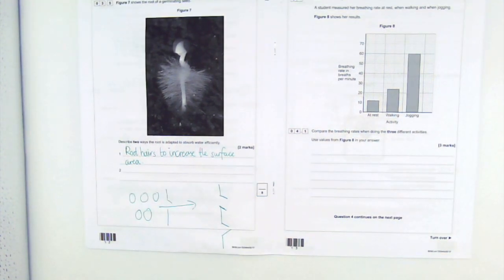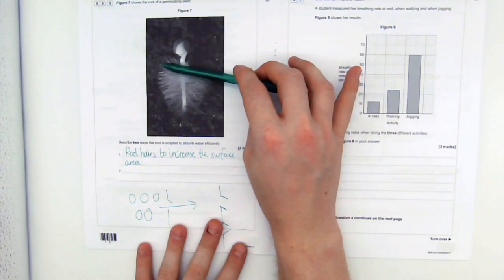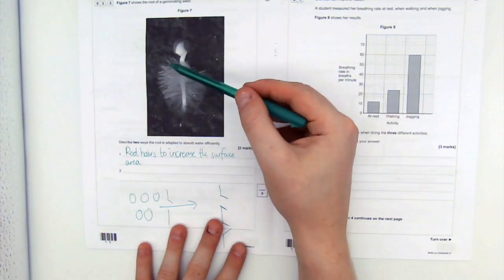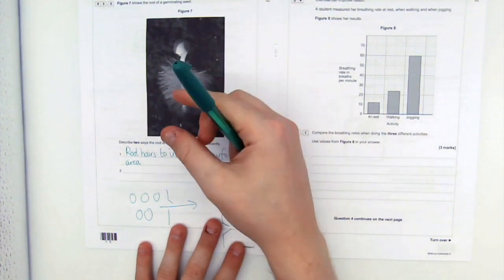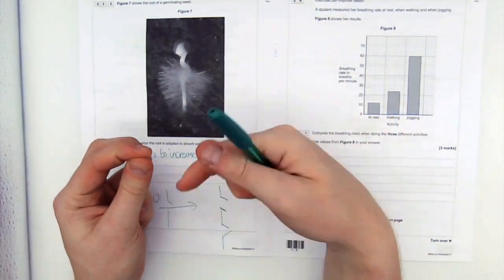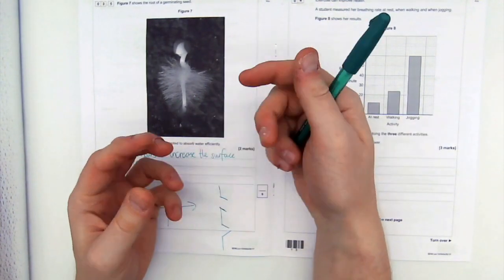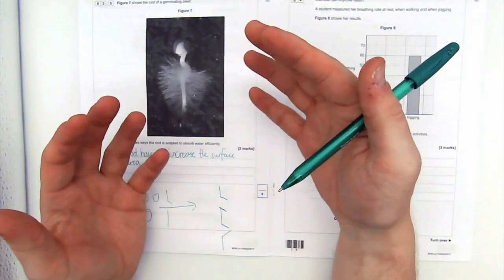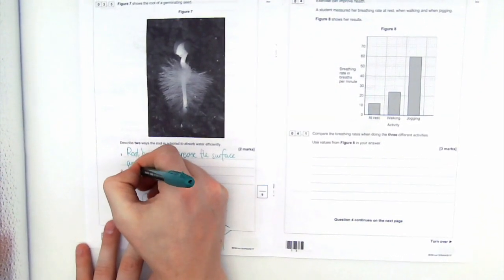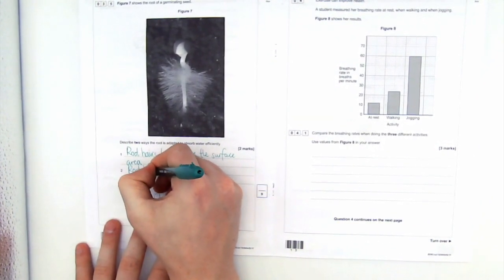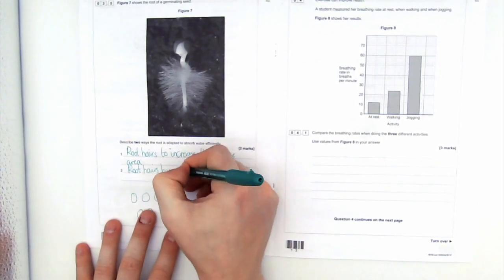So as well as the increased surface area, these root hairs extend into the soil and have really thin walls. If I have a very thin wall, osmosis can happen much more quickly. So I'm going to say that the root hairs have thin walls.